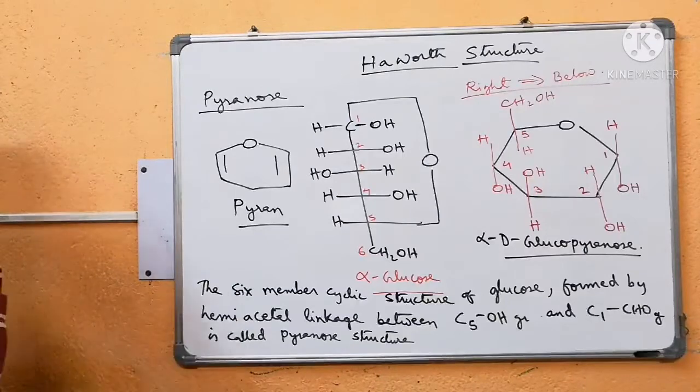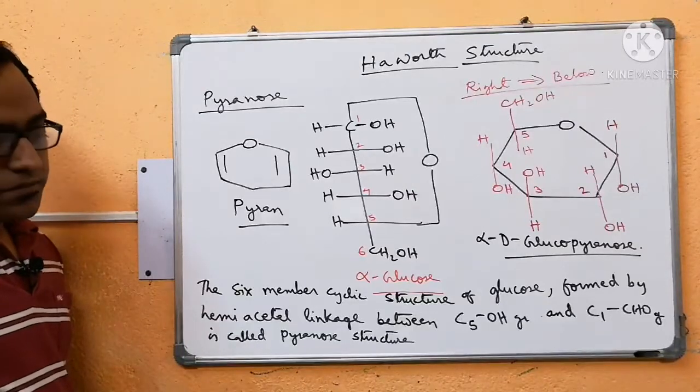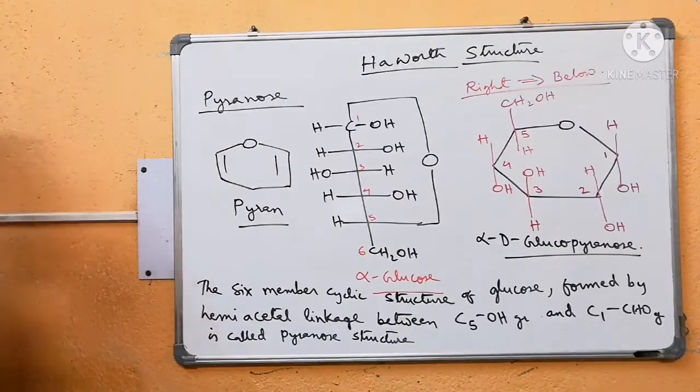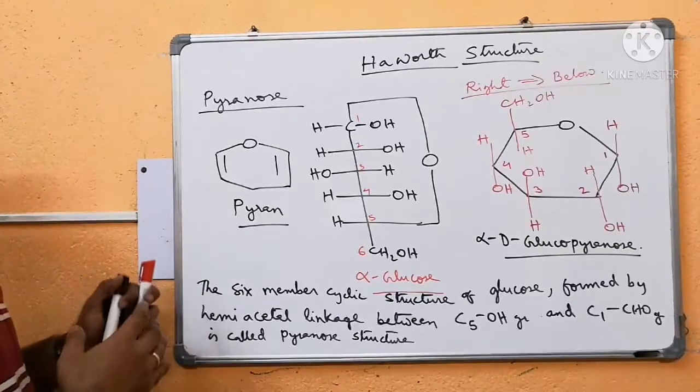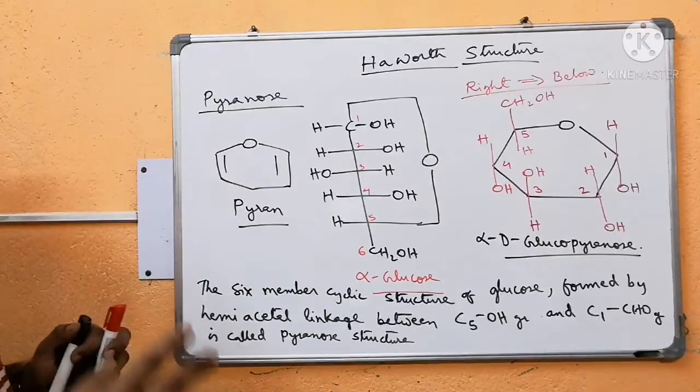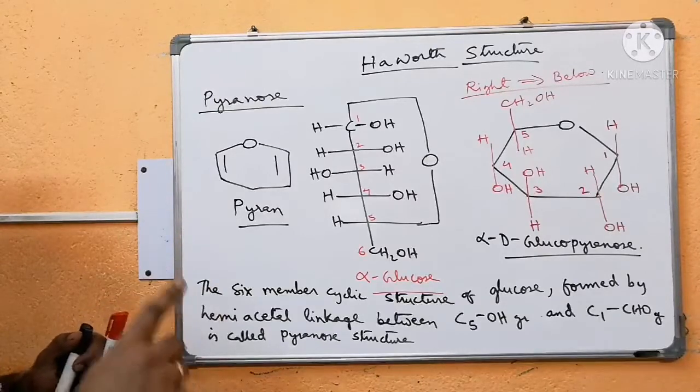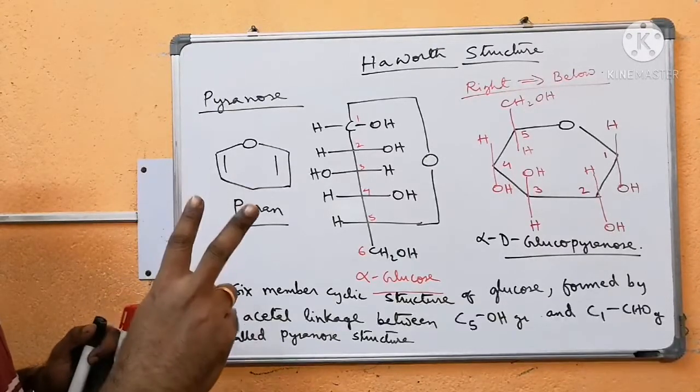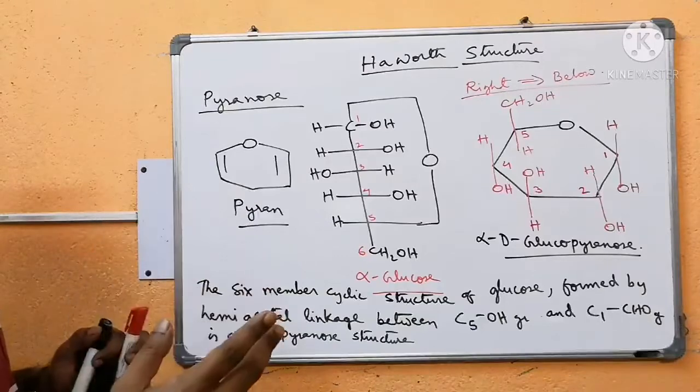So like this, we can also define what is furanose structure of fructose. Now it is easy to memorize pyranose and furanose. Remember FF. F stands for fructose, F stands for furanose.